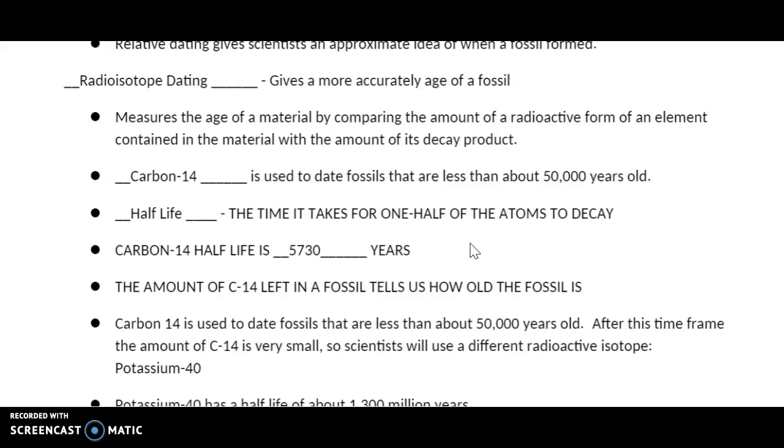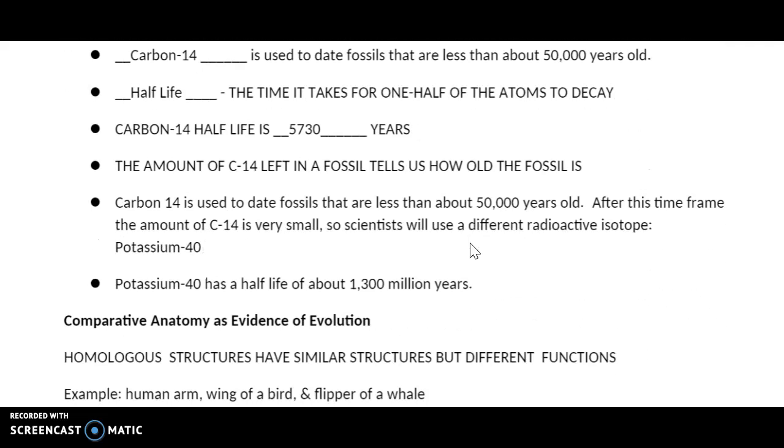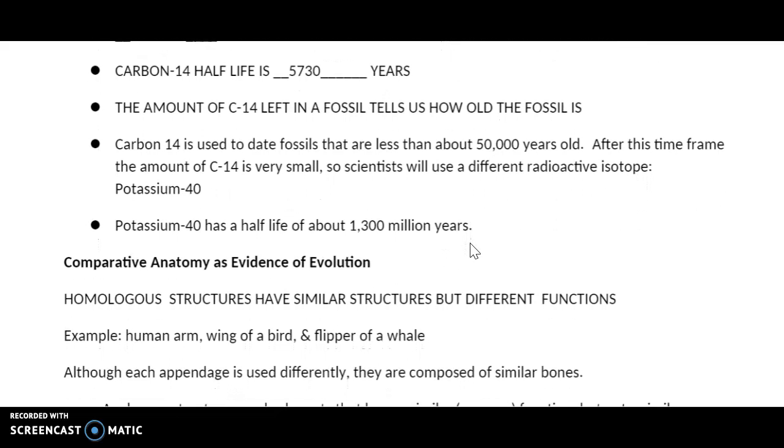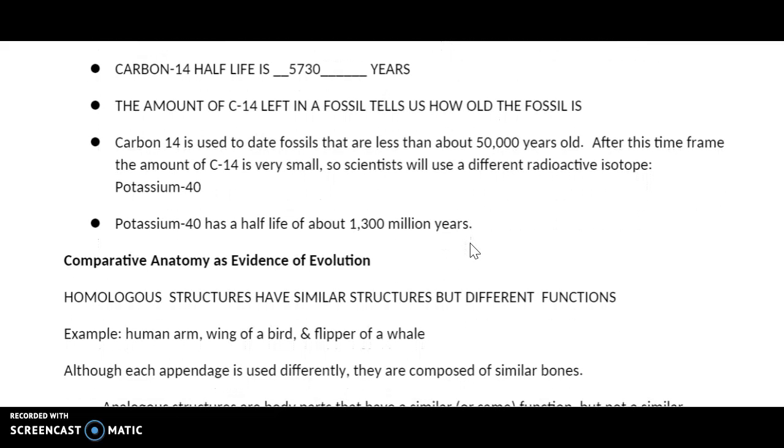Okay, that's kind of a big gap there to be supposedly accurately aging things, but carbon-14 radioactive dating is used for that. The amount of carbon-14 left in a fossil tells approximately how old that fossil is. Carbon-14 is used to date fossils that are less than 50,000 years old. After that time frame, the amount of carbon-14 is so small that it cannot really be measured accurately.